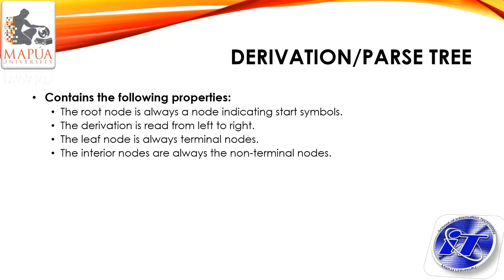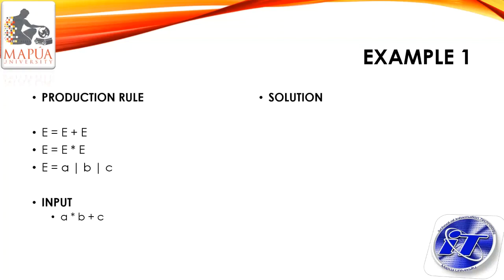Let's have an example of how to derive a parse tree or derivation tree. We have three rules for E: E yields E plus E, E yields E times E, and E could yield A or B or C. We want to derive the input A times B plus C. Definitely we have two options to start our solution, either the first or second.